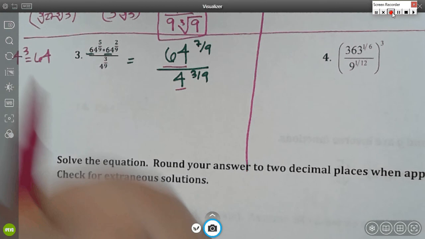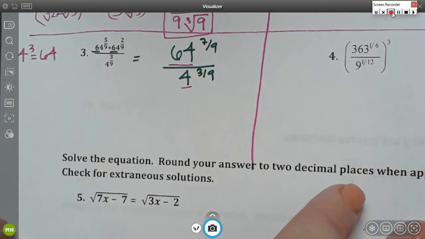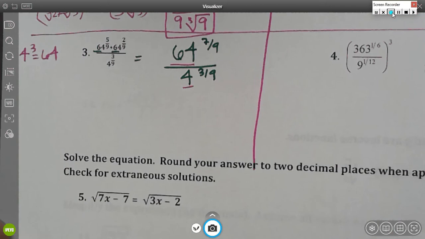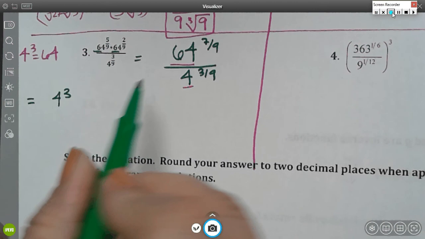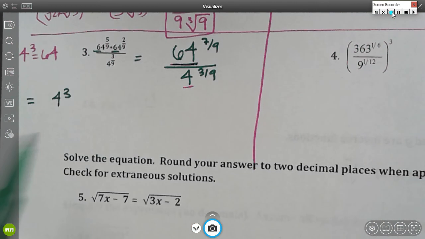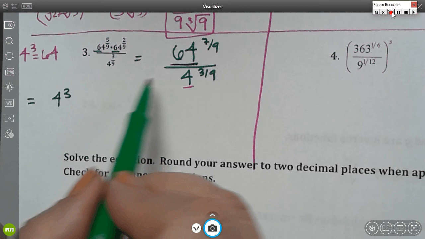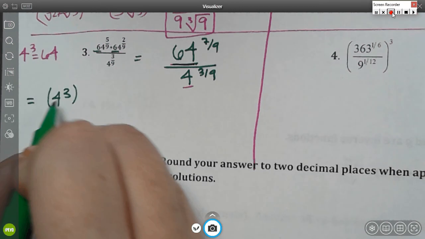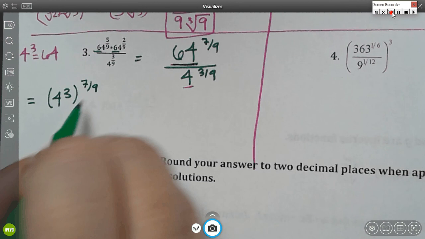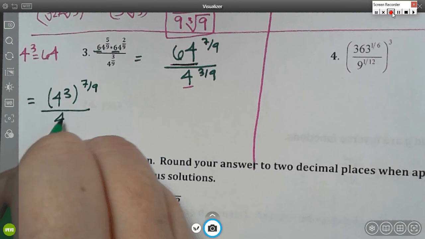So I could change the way 64 looks by making it a base of 4. And so what happens is I end up with 4 to the 3rd, okay? Remember, it's still got to have the value of 64. That can't change, but I can change the way it looks. So I have 4 to the 3rd. It's still raised to the 7/9, and I have 4 to the 3 over 9 on the bottom.